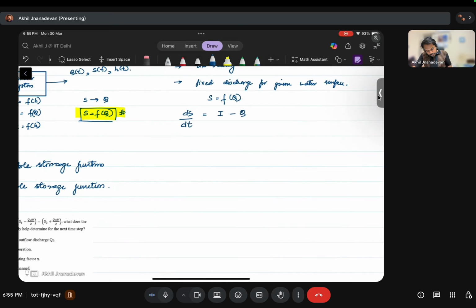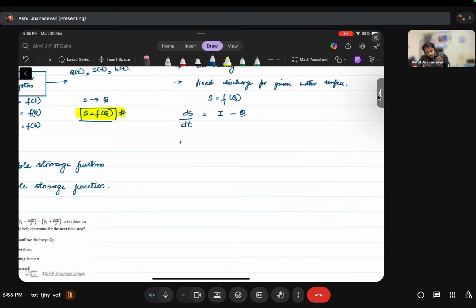When S is a function of Q, dS by dt is the first derivative of storage, and that should be equal to 0 when we have maximum storage.